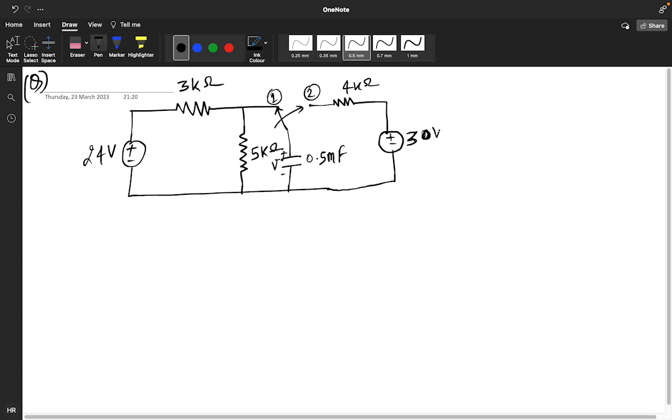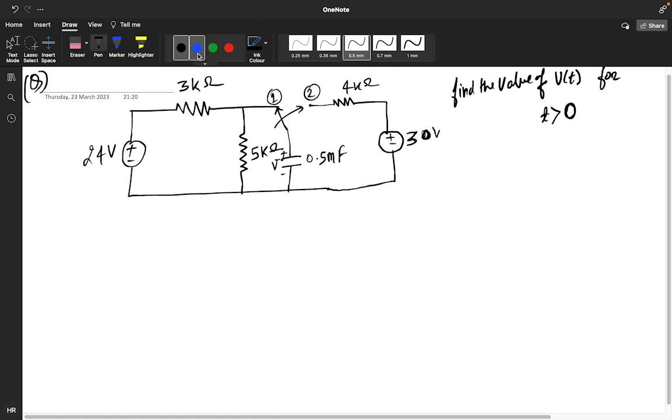So in this question, you need to find the value of v of t for t greater than 0.